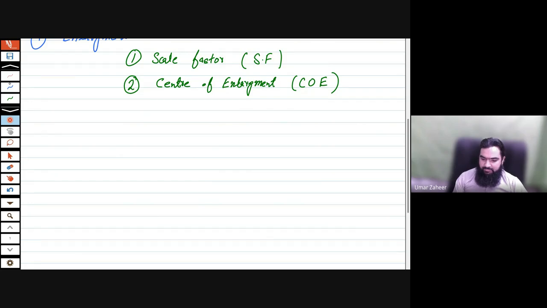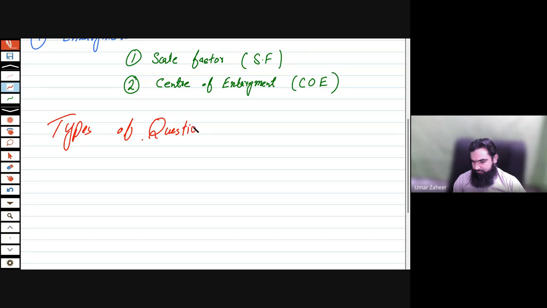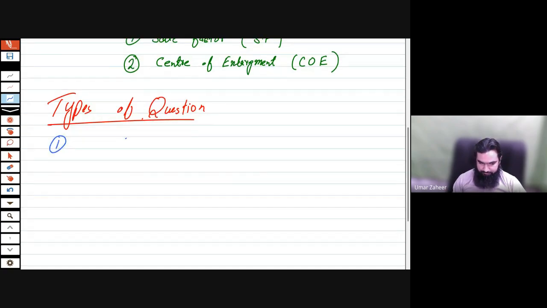Now, the types of questions that you will see in the transformation are of two types. The first type: in this question, the examiner gives you the object, which means the object is given.